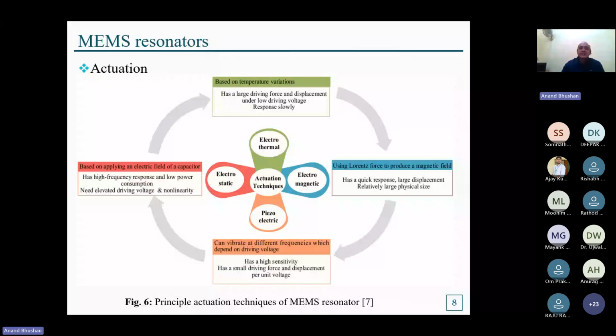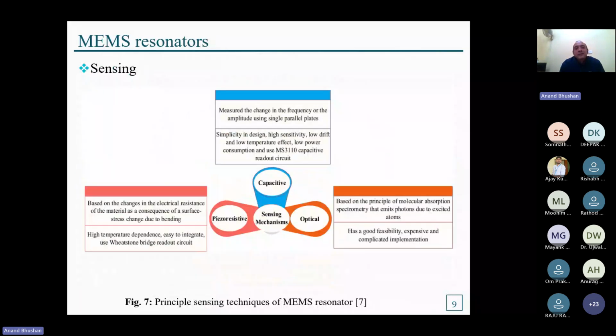Next is sensing. In sensing, similar to the actuation, electronic circuits and electronic systems are used to sense the motion of the vibrating resonator. The principal way is the capacitive type.